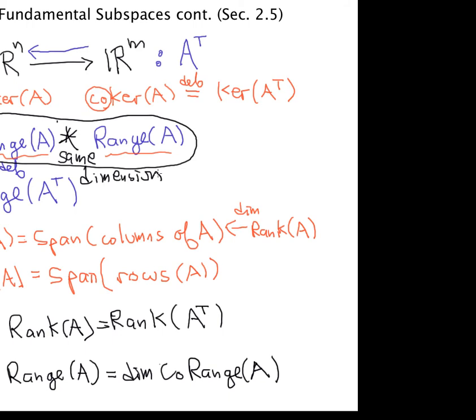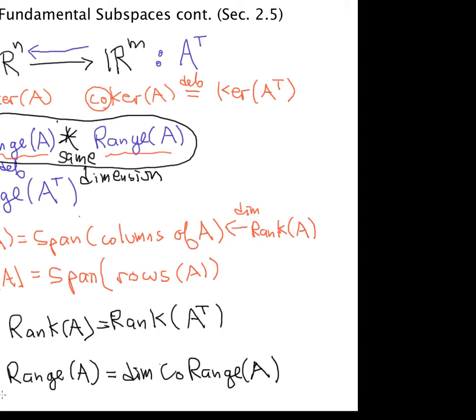Okay. Now, especially if this was a square matrix, so M was equal to N, you might be tempted to think that those two spaces are equal, but they're definitely not. The only property they have is they have the same dimension. And I'll write this one third equivalent version, which is in some sense the nicest.